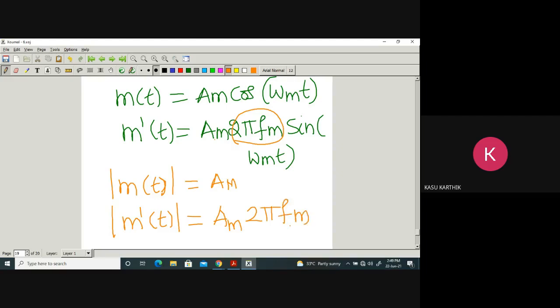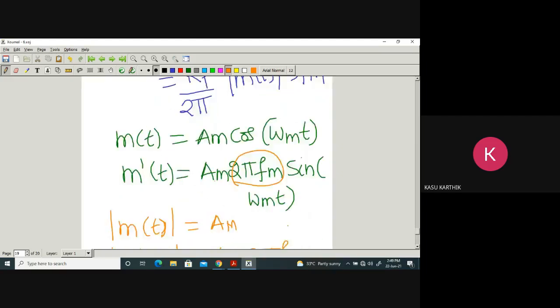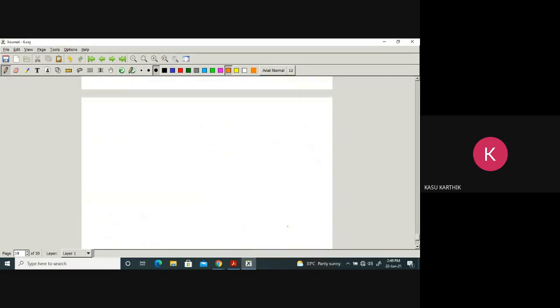So what is delta F in the case of FM? Kf mod m of t, and mod m of t is Am. So Kf Am.